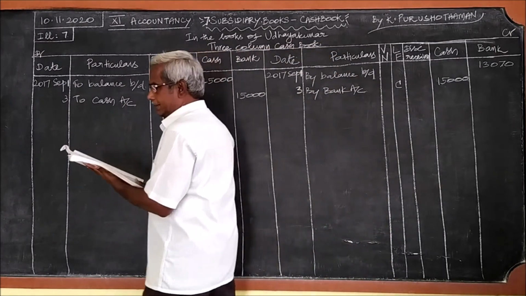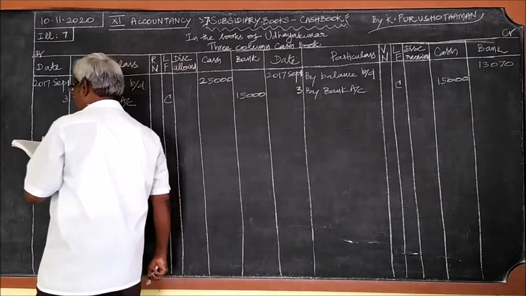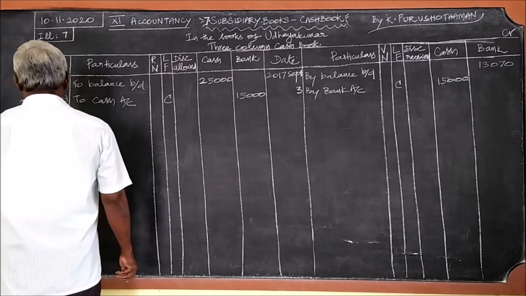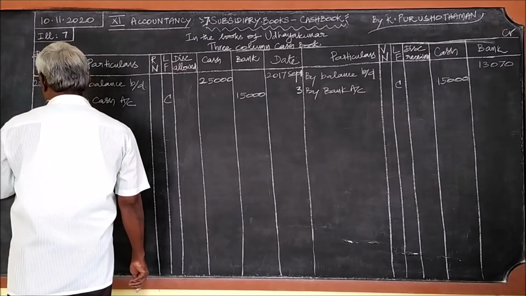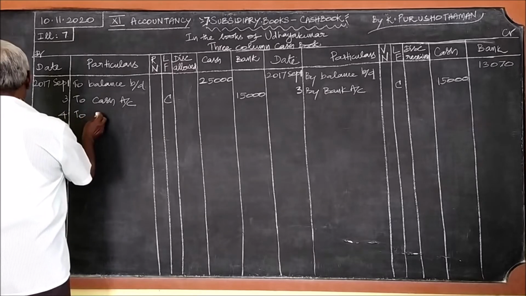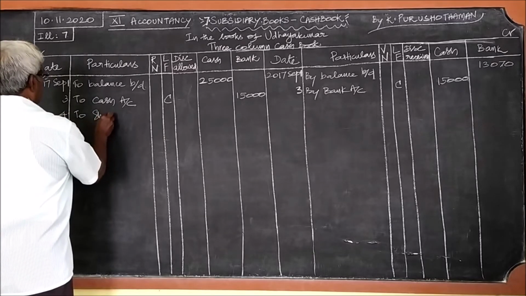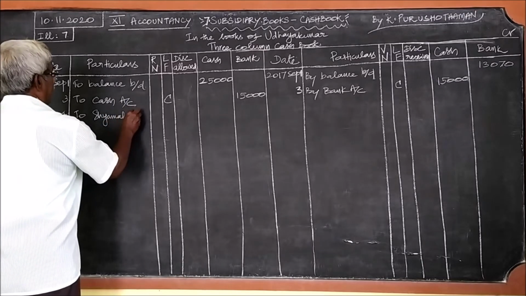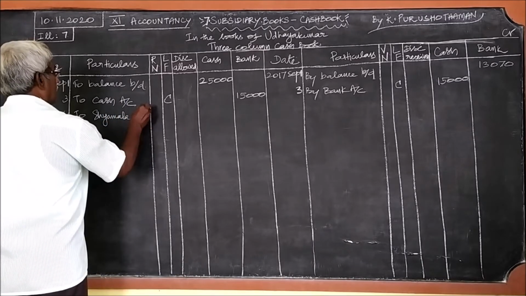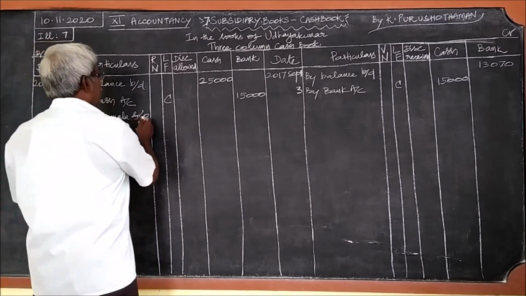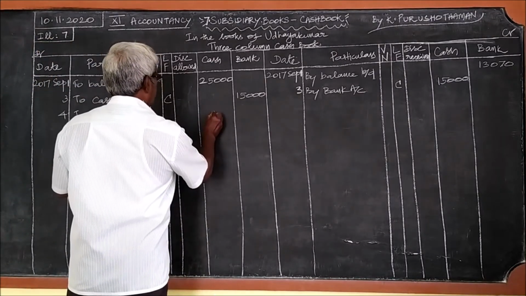Then after 3rd, the 4th one, received cash from Shyamala and Co. 9,380 received cash. So this is the receipt side. From whom? To Shyamala and Co. 9,380 cash received.